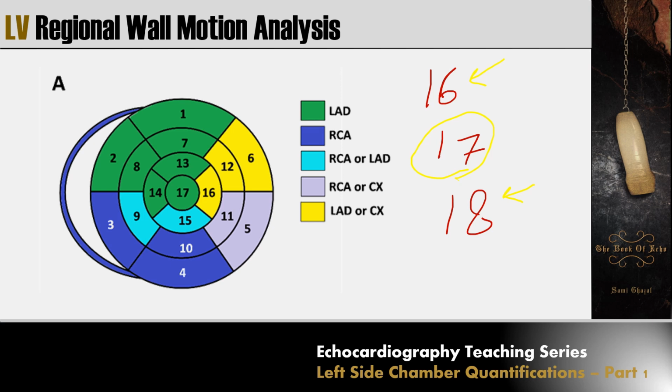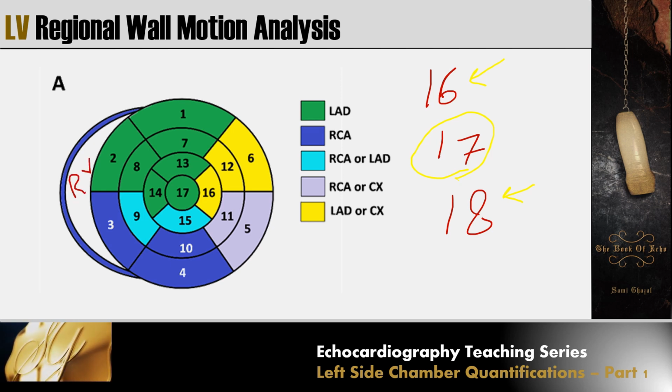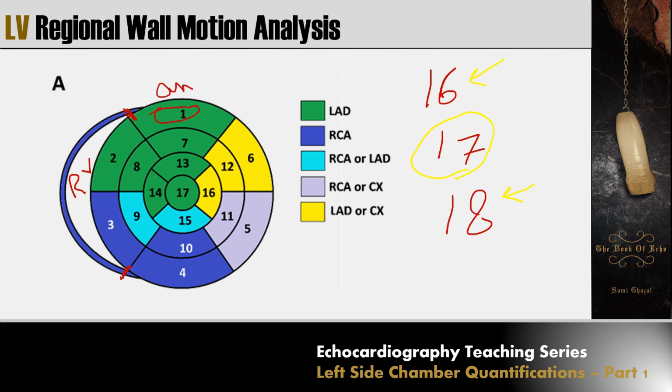We'll start from the anterior. This is the RV here. If this is the RV, the septum starts here until here. After the septum, this is the anterior. We start from here going counterclockwise.